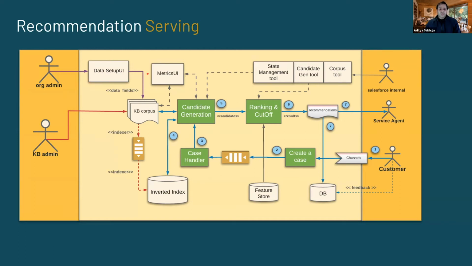All right, last but not least, we have some more tools out here. The metrics UI is very key to give feedback to the user, in our case the org admin, to know how well the whole system is doing for them, whether it's adding value or not. That's where we showcase the data metrics and the model metrics in a format which is consumable by them.